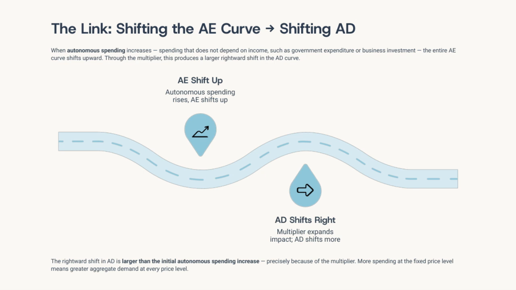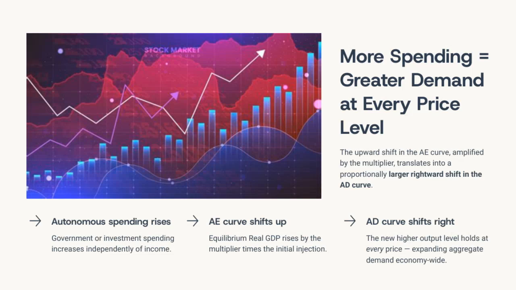To connect the dots, shifting the AE curve upward directly causes the AD curve to shift rightward. This highlights how autonomous spending increases can significantly influence the broader economy through these multiplier effects. So what we're seeing here is that when the output level increases, it does so at every price point, which means the entire aggregate demand curve shifts to the right.